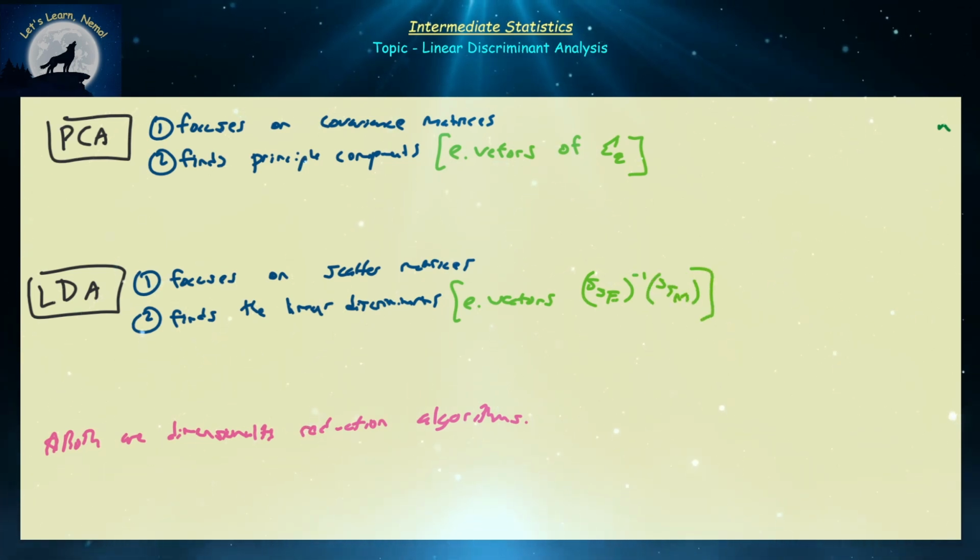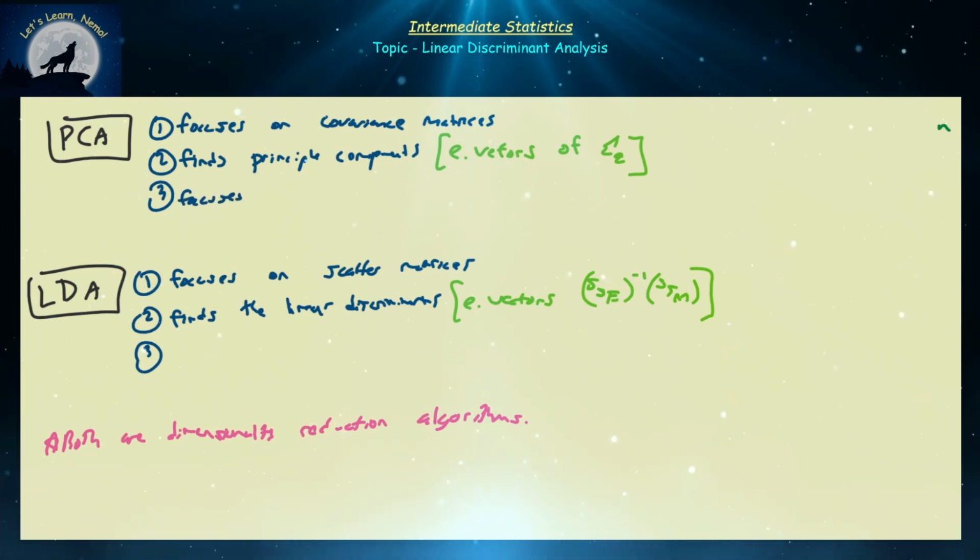It chooses the eigenvectors whose eigenvalues fall within the upper threshold of your distribution. And the main difference between LDA and PCA is their goal of focus.